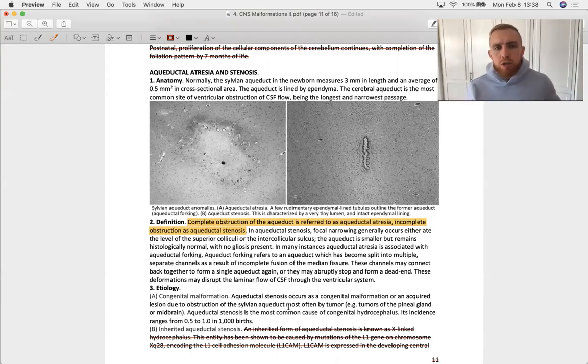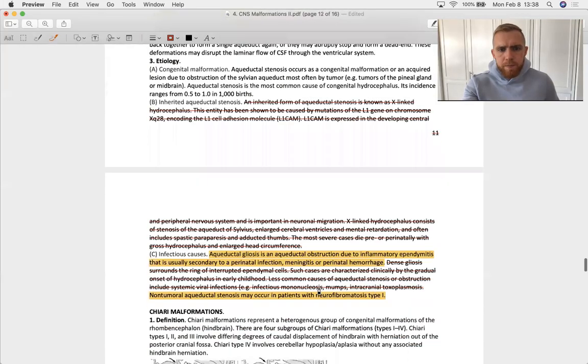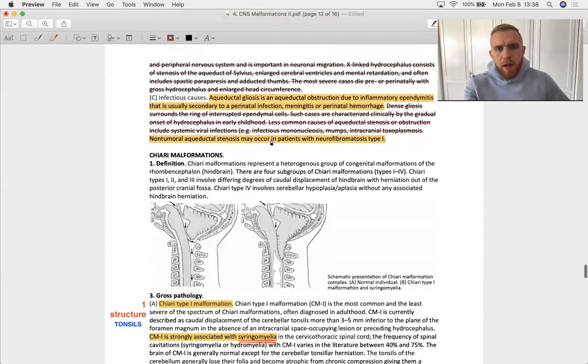Then there's aqueductal stenosis, in which it's there, it's just too skinny, so you'll probably have a hydrocephalus there as well. You could get aqueductal gliosis. So again, a glial cell is a supportive, it's a non-neuron basically. If it's a cell in the brain that's not a neuron or an immune cell, it's a glial cell. And so a gliosis is just a reactive proliferation of glial cells.